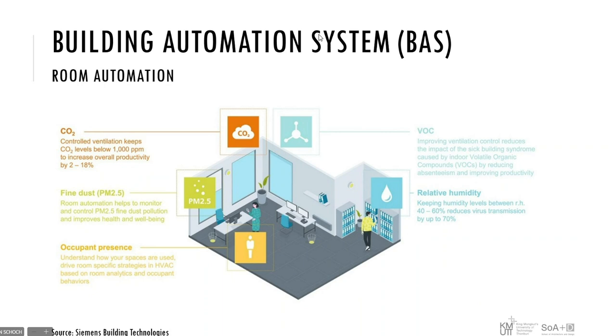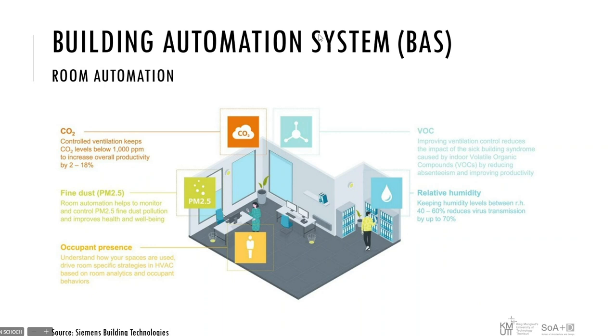Another one is occupant presence. Occupant presence can help with controlling the amount of cooling or fresh air supply into interior spaces, and again can help with energy saving, but also can help to ensure that there's always enough fresh air being provided, as well as VOC measuring.